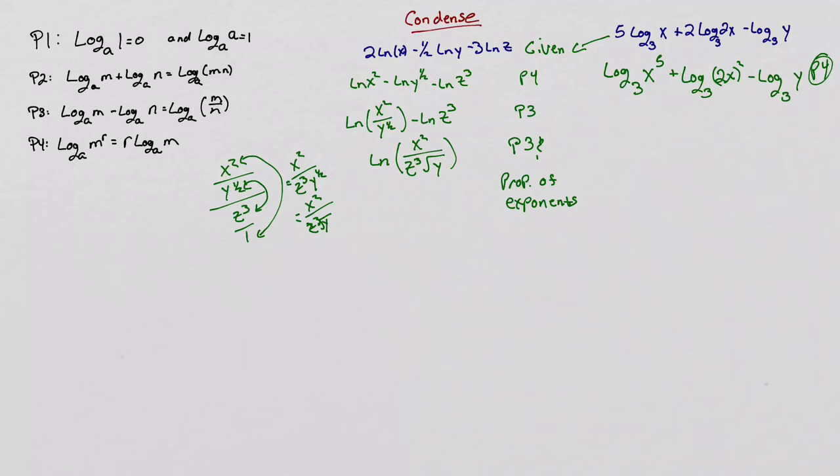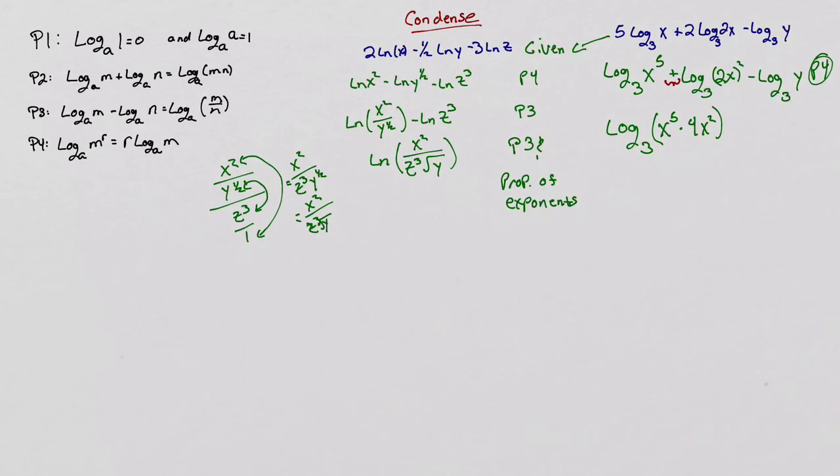From here, let's go ahead and start condensing. We have a plus sign right here. So that means we are going to multiply. So I'm going to have log base 3 of x to the 5th times 4x squared, because that 2 went to both the 2 squared and x squared.